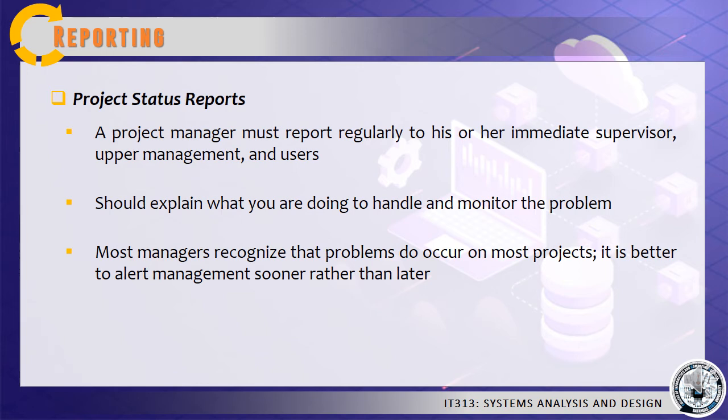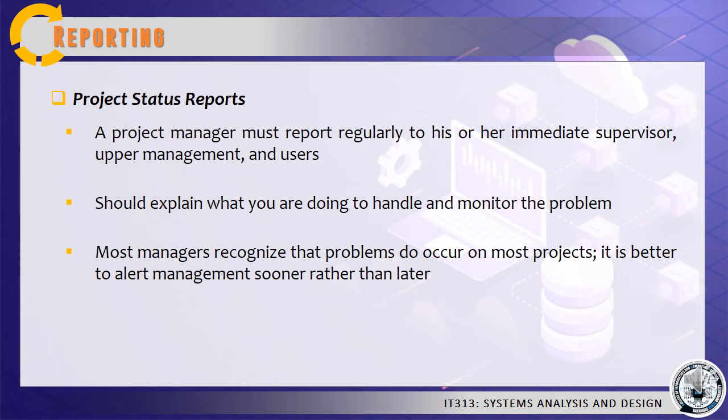If you are unsure of the consequences, you should be cautious and warn management about the possibility of a problem. When you report the situation, you also should explain what you are doing to handle and monitor the problem. If you believe the situation is beyond your control, you might want to suggest possible actions that management can take to resolve the situation.